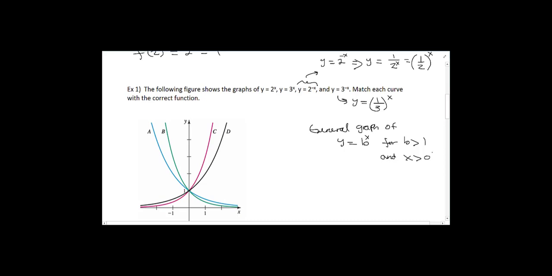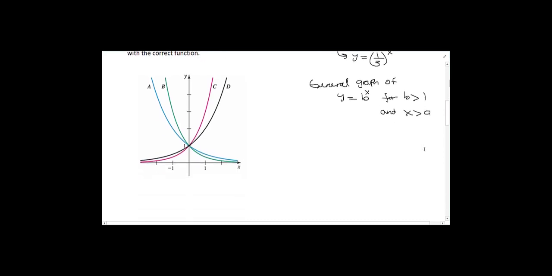And the general graph of an exponential, let's say y equals b to the x for b greater than 1 and positive exponent, the general graph of this is the parent graph, right?